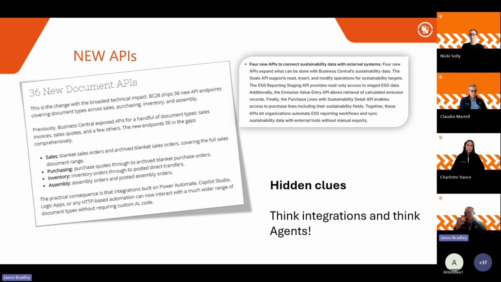other features that are coming online with Microsoft and Business Central, which is the Power Automate, Power Platform, but also Copilot Studio. We haven't talked much about AI on this webinar, but we have to throw it in there. This is just helping agents if we go down that path.